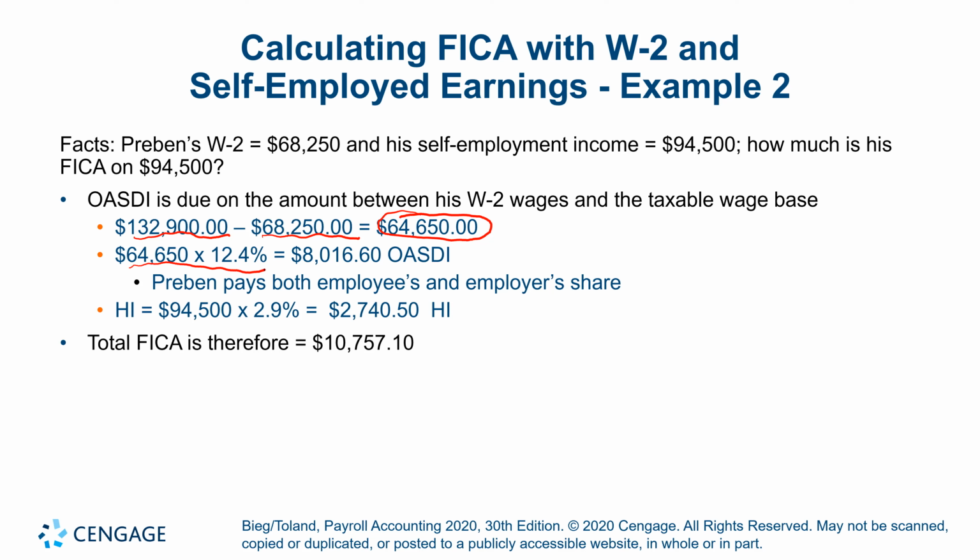He in this case has to pay 2.9% on the entire 94,500. So if we add together this 8,016.60 and 2,740.50, we get this total that has to be paid: $10,757.10.